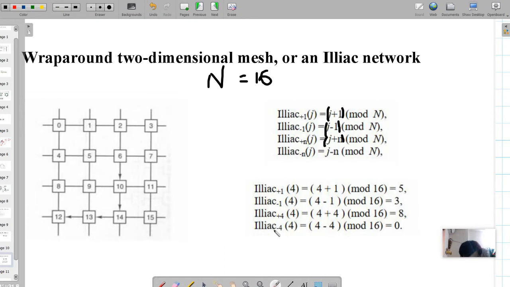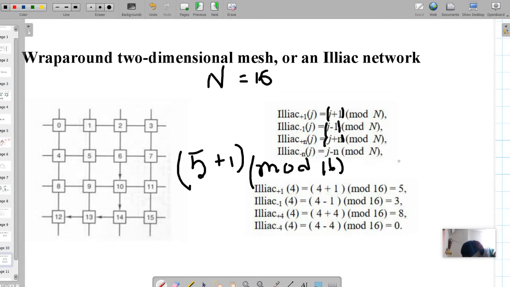If you look into the first line, for processor 5, you have to write 5 in place of J, then add 1 to it, mod 16, and the result is going to be 6 modulo 16 equals 6.